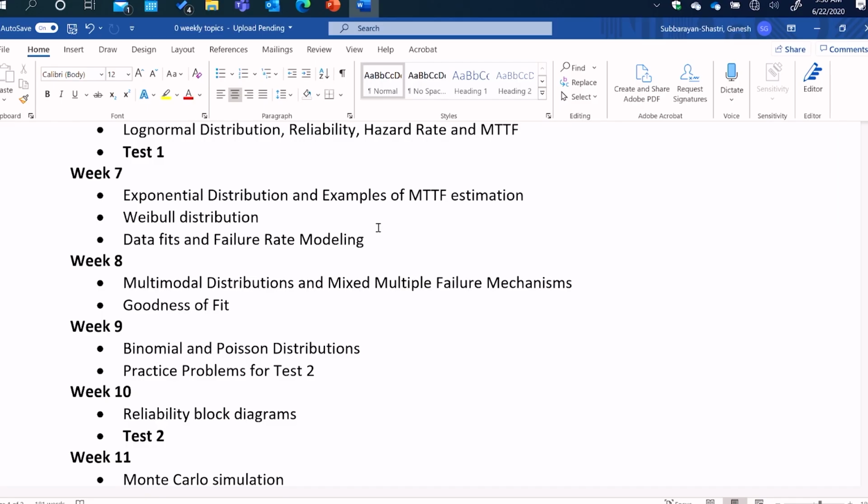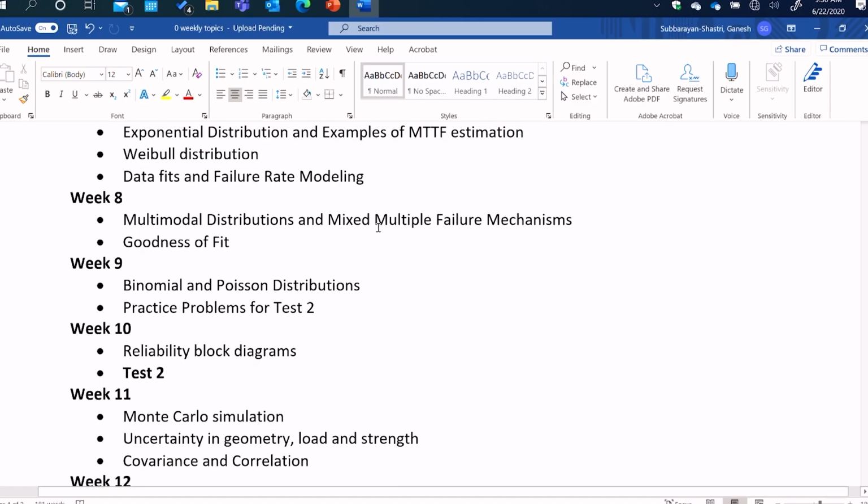And in week 8, we'll talk about complex failure mechanisms where you might have multiple failure mechanisms, those that might be clearly separated and those that might not be clearly separated, meaning those that might have mixed multiple failure mechanisms, how to go about fitting data to those kinds of failure phenomena. Then we will assess how good our fits are, whether our assumed distribution, whether it's Weibull or log normal, how good that fit is.